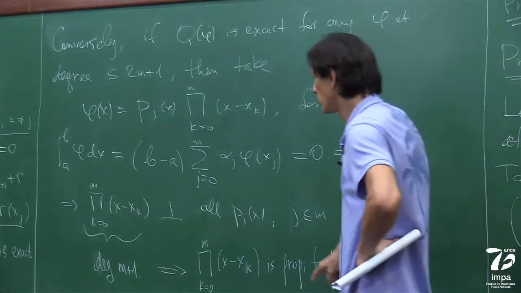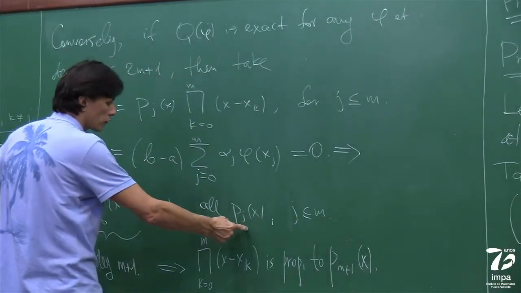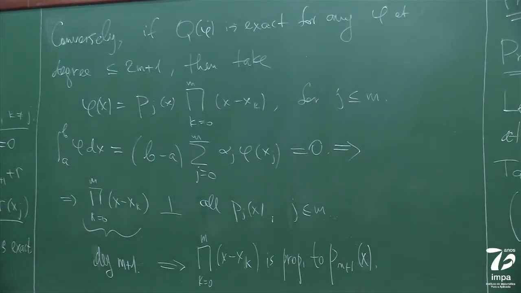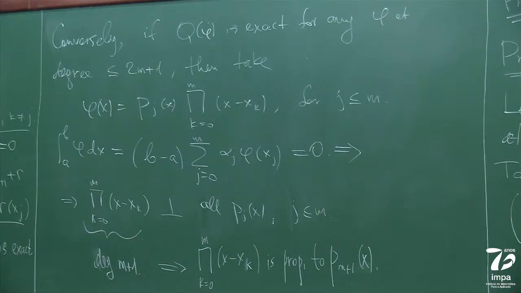Because the only polynomial of degree m plus 1 which is orthogonal to all of them is P(m+1), or P(m+1) times any coefficient.